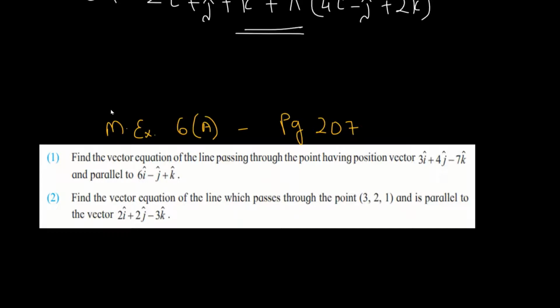You are going to try these two sums as assignment. Take the help of the first sum. Similar to the first sum, these are. The second sum deals with a slightly different concept. We will cover that in the next lecture.